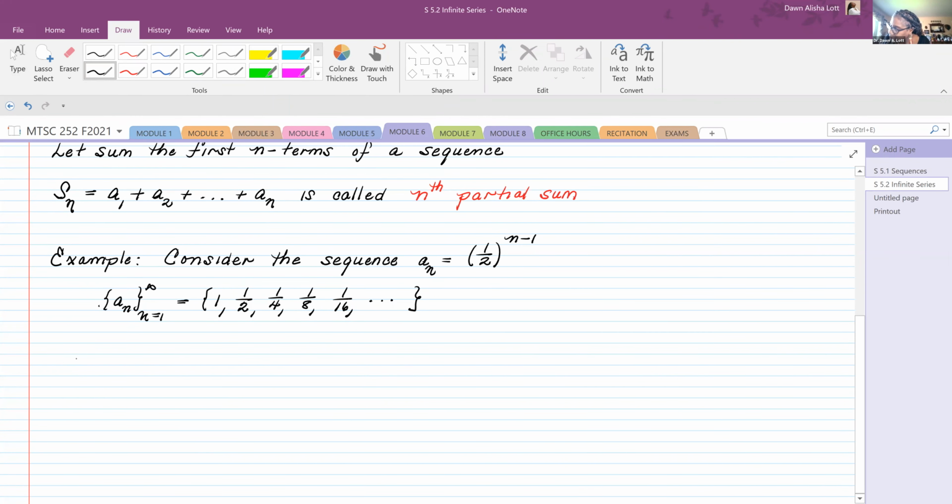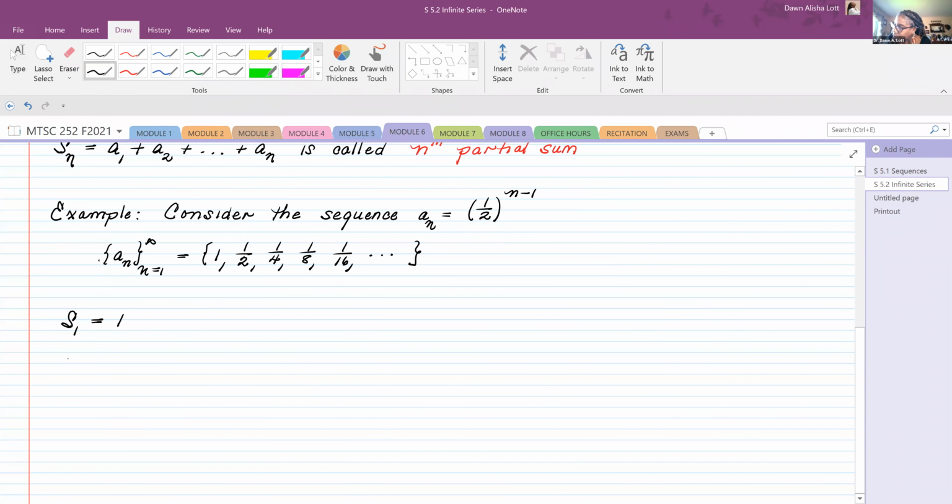Sn, so let's look at S1. So S1 says, take the first term. S2 says take 1 plus 1/2. Okay. Now 1 plus 1/2 is 3/2.